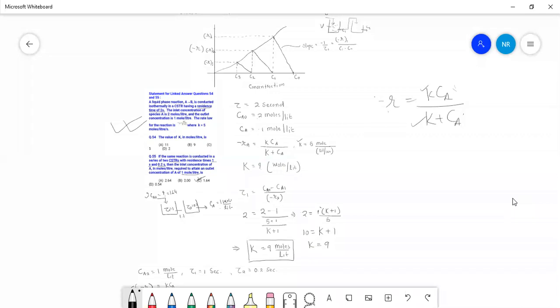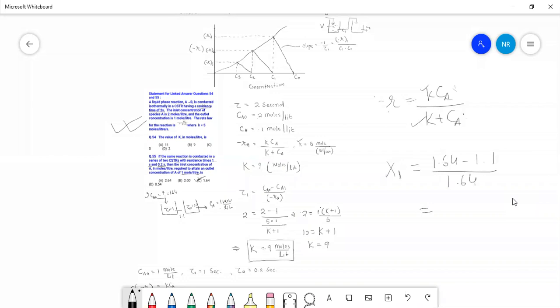If they ask for conversion, how much conversion? The conversion for tank 1, x1, will be (C0 minus C1) divided by C0. They did not ask for it, but we'll calculate it ourselves.